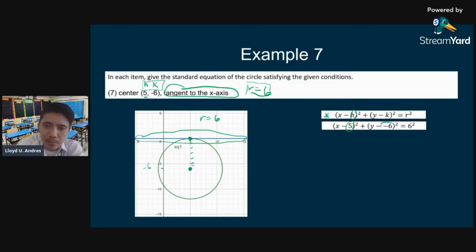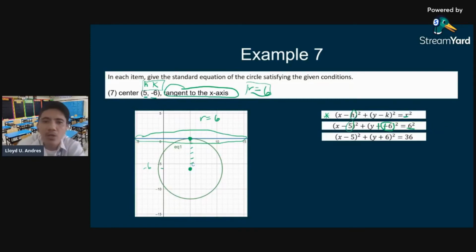And again, k with -6 because it is the y-coordinate of our center. And lastly, our radius is 6. So again, simplifying this one, this becomes +6 and the operation becomes addition.